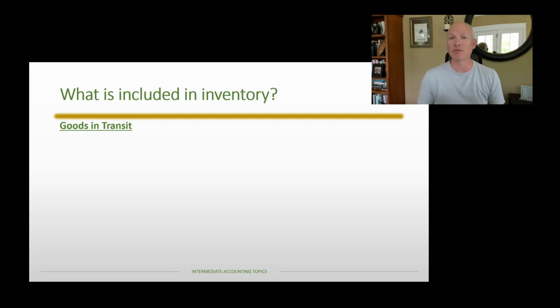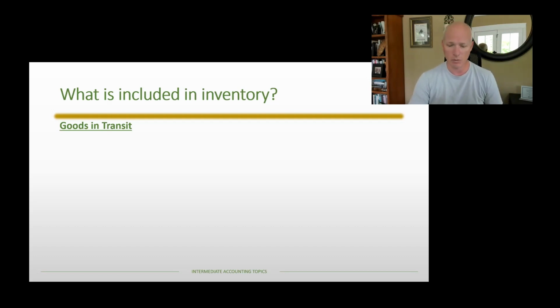At the same time, let's say I make a sale from Walmart to some company here in town where I supply Coca-Cola to them. There could be a situation where I've got stuff on a Walmart truck, getting ready to deliver it to some company, and when it's on the Walmart truck, do I include it or do I not include it? And the reality is, it's just not always clear.